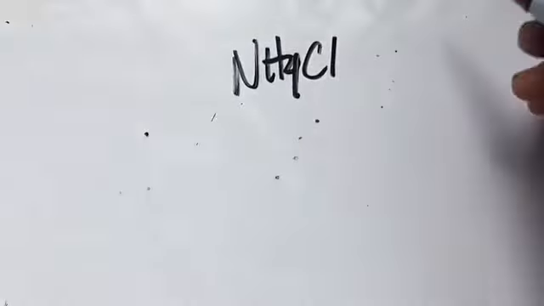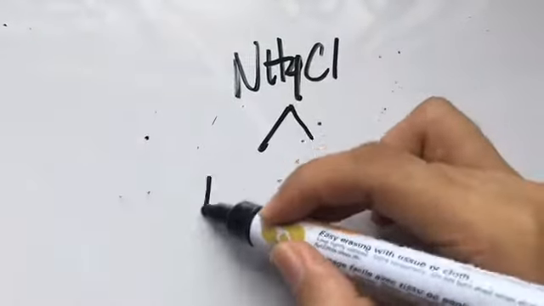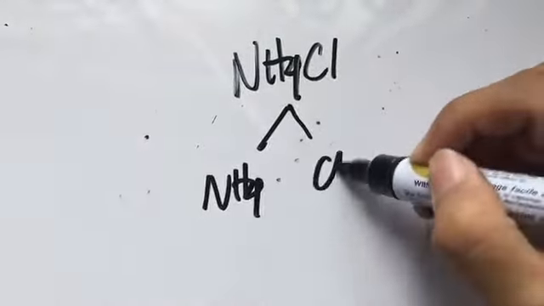Next. Okay. Next is we have the ammonium chloride. So NH4Cl. Okay, ammonium chloride. So it will form an ammonium ion and Cl.